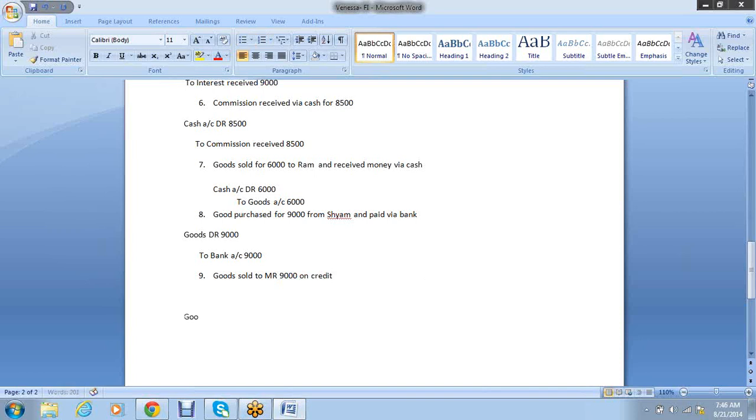So yes, it is a credit; my goods account is credited. Which account will be debited? The credit account will be debit. If I write credit account debit to goods account, now how will I know to whom I have given the credit? Okay, the Ram. So I have to write Ram.